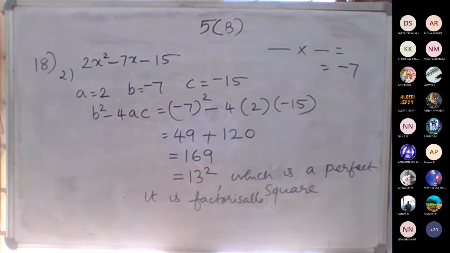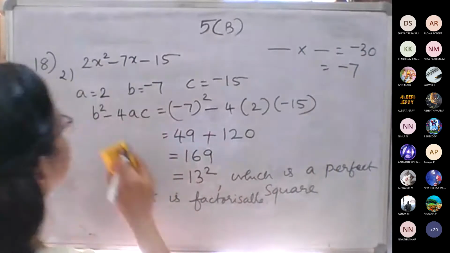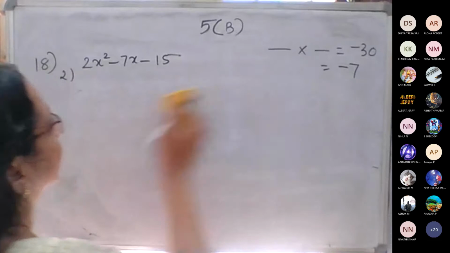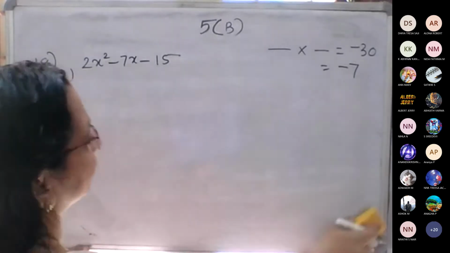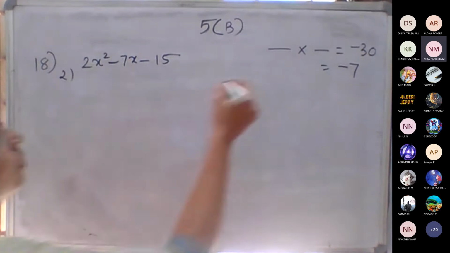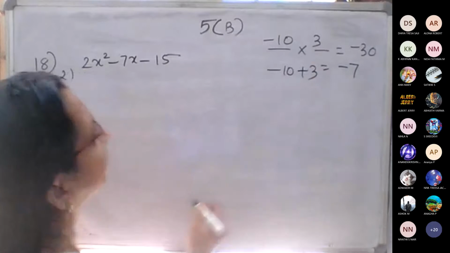Negative 10 into 3. So negative 10 plus 3.